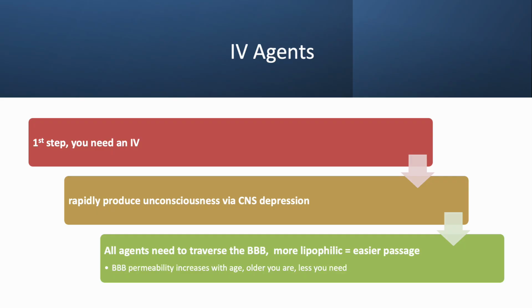The more lipophilic the drug, the easier passage and quicker induction. We see the same effect when it comes to increasing age or head trauma. The blood-brain barrier permeability increases whether naturally or from trauma, leading to faster inductions that require lower doses.